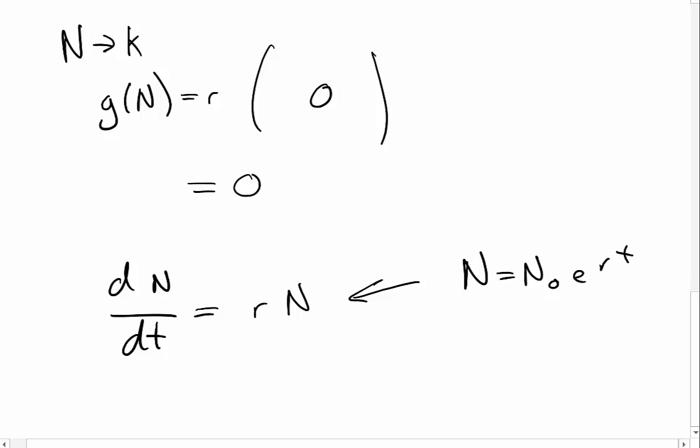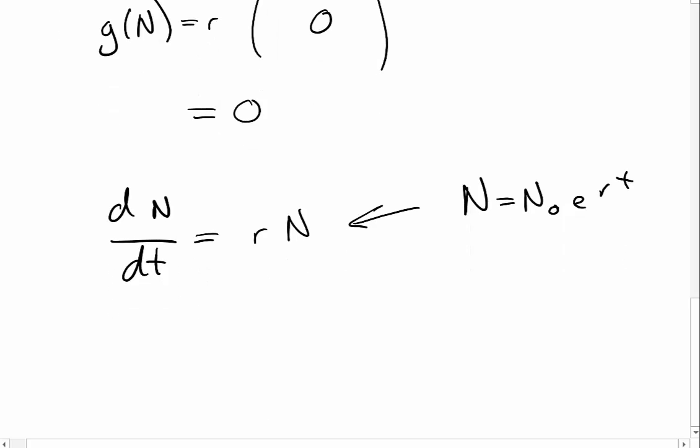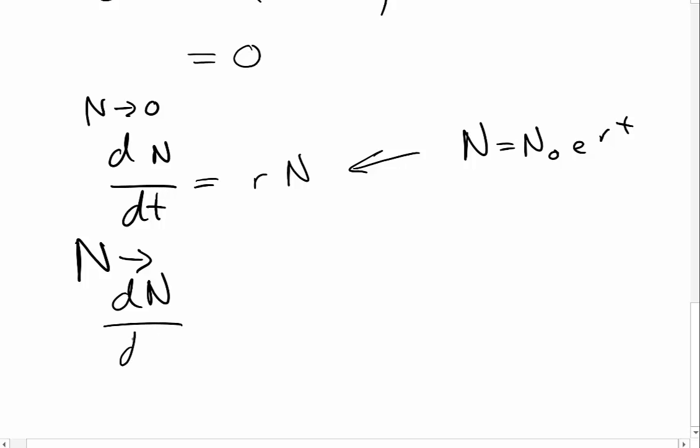That's good, because for a small enough population, it does behave in an exponential way. But then as n goes to our carrying capacity, our growth rate goes to 0.